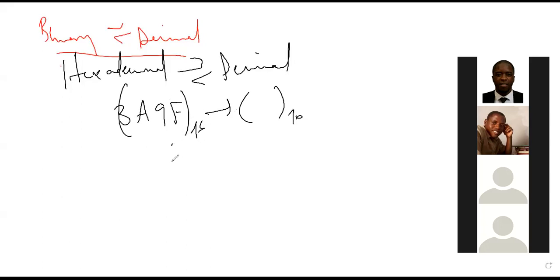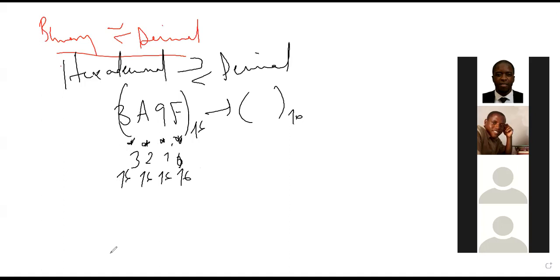Basically, you start your numbering 0, 1, 2, 3, then you put your base 16, 16, 16, 16. The final number is the sum of all these numbers multiplied by those digits.